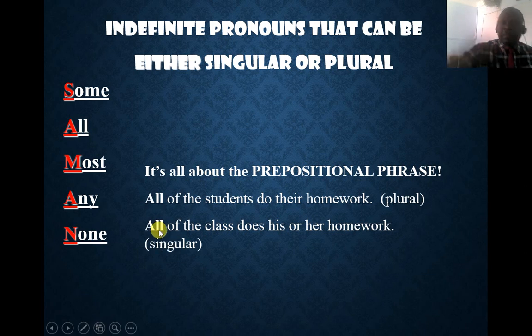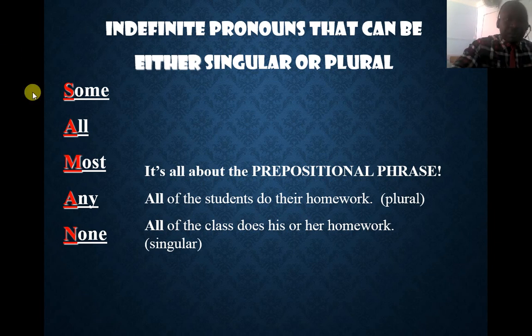It's like saying, all my time, you can't count time. So all my time has been wasted. You don't say all my time have been wasted. But I say all the pupils are here. Do you understand? Because I can count pupils. But in the case of the first one, all my time has been wasted because you can't count time.